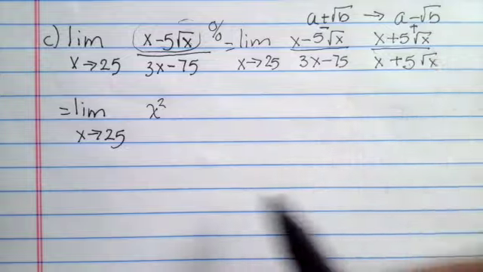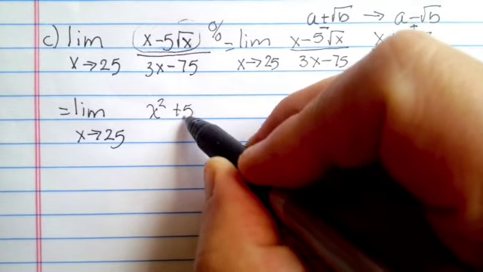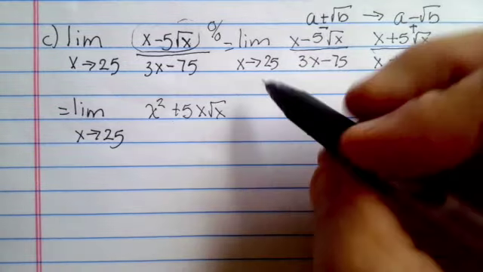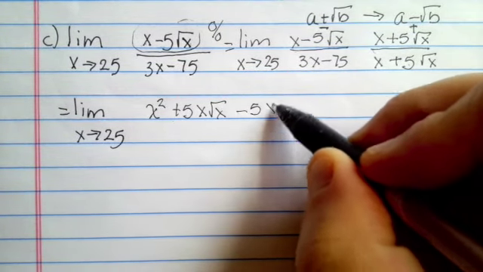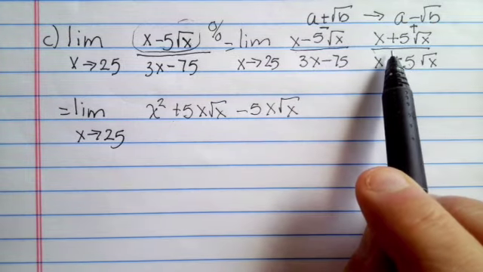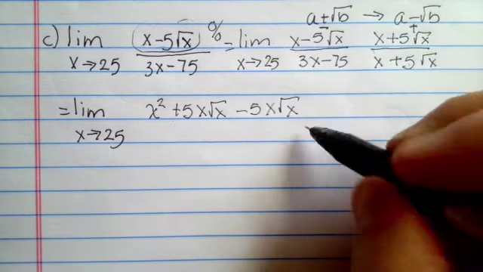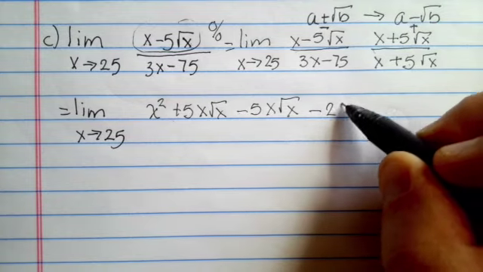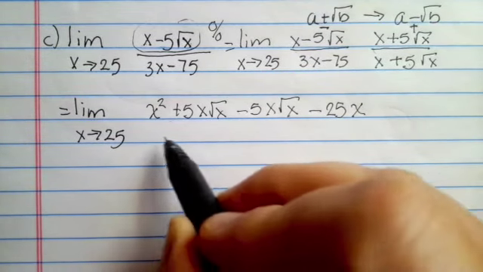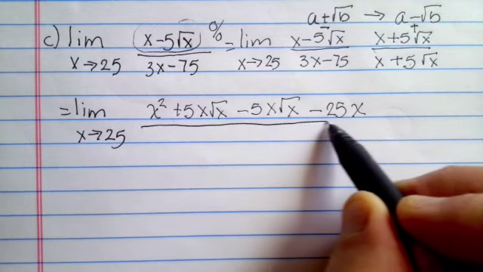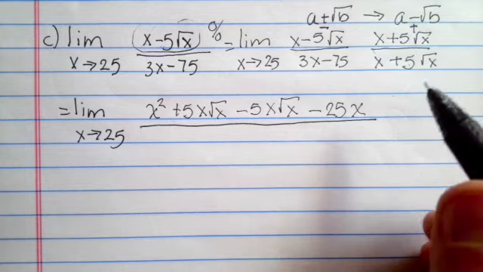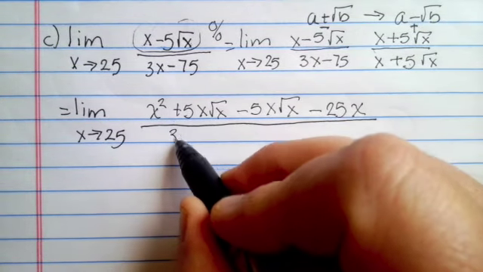X times 5 root x is 5x times root x. Minus 5x times x is minus 5x root x. And then minus 5 root x times 5 root x is going to be minus 25x. Square root of x times square root of x is x, as long as x is non-negative. And in the bottom, I think I'm just going to leave that like it is.